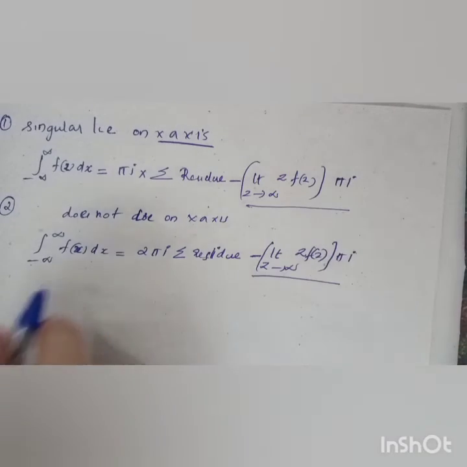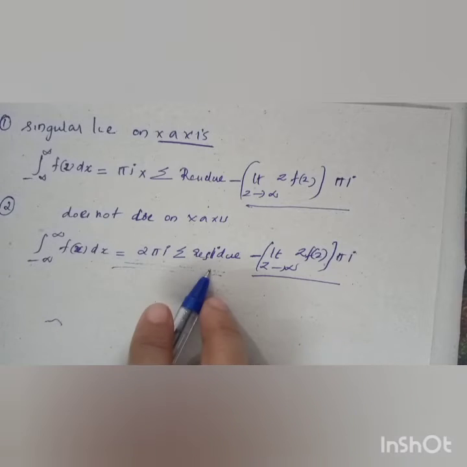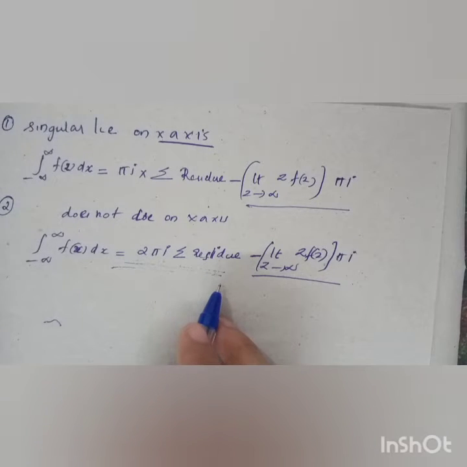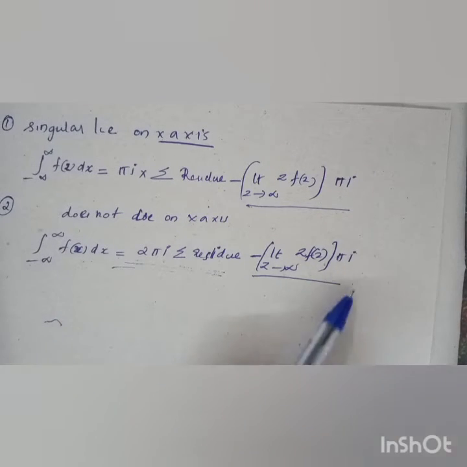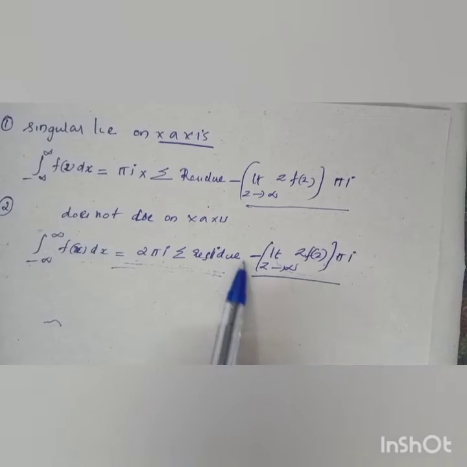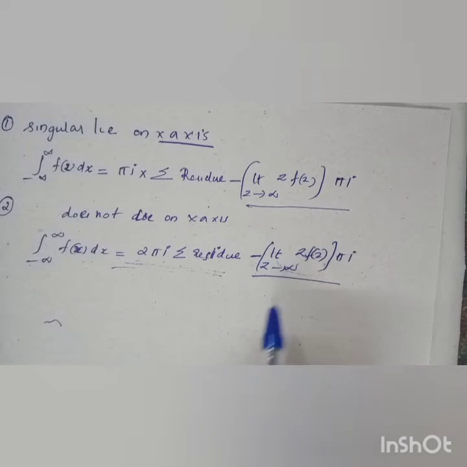So we generally studied 2 pi i into the summation over residues before, but in the integral from minus infinity to plus infinity of f of x dx, you have to consider this Jordan's lemma term. It is always 0, but sometimes it is present.